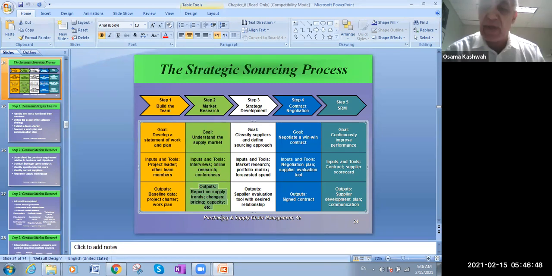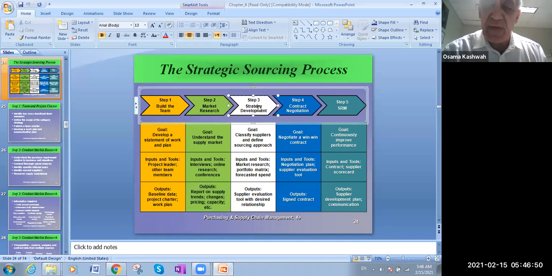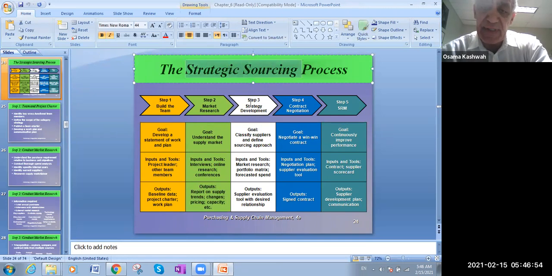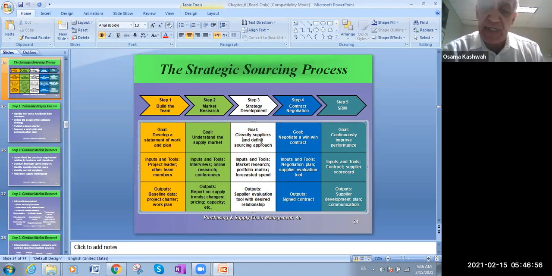I will be aware of it. Then we'll come to the core now, which is the strategy development. Goals: classify the suppliers and define the sourcing approach. Inputs and tools: market research and portfolio matrices. Outputs: supplier evaluation tools with desired relationship.